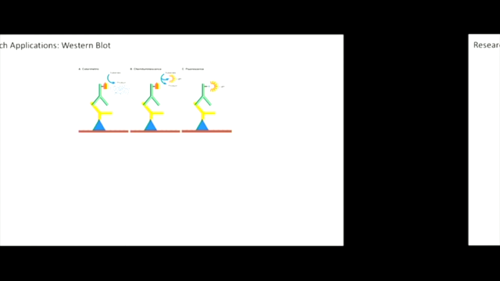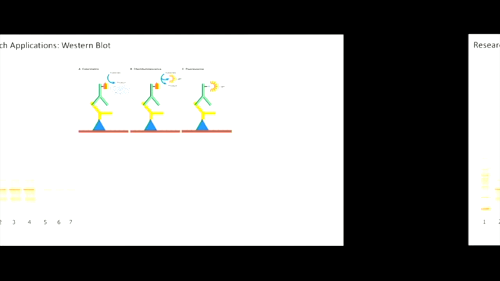Once the proteins are on that membrane, you want to visualize them. You can find these proteins by using antibodies that are specific to the protein that you're interested in. So you incubate this membrane with your specific antibody, and you're able to detect. There are different detection methods associated with Western blots, and those can include colorimetric detection, chemiluminescence, or fluorescence.